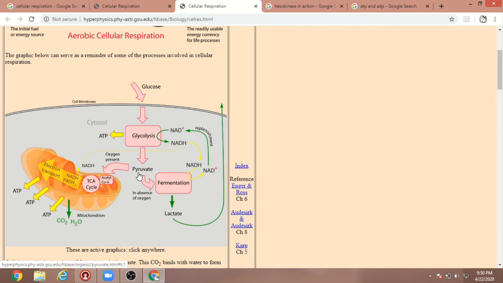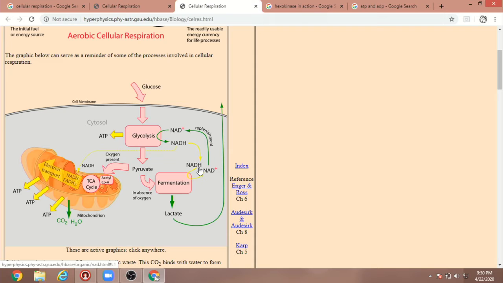And so if there's no oxygen available because you're lifting really, really heavy weights and you just can't meet the demands of oxygen for all the mitochondria in your muscles in that millisecond, or you're taking off from a race and you need a bunch of energy to start the race, or you're further into the race and you can't breathe fast enough, you go into the anaerobic phase. That's when you're going to be sore the next day, by the way, because you're going to be doing lactic acid fermentation.